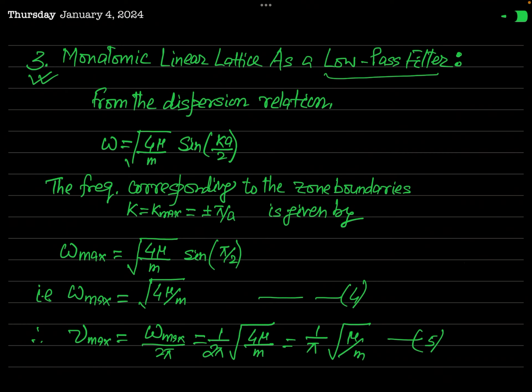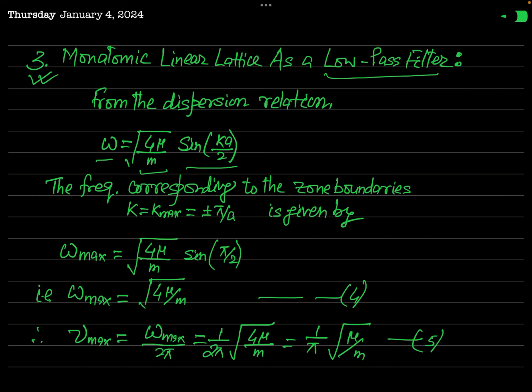We will see here in this case too that all the frequencies of vibration are not possible, and waves with any value of frequency cannot propagate through this lattice. There is an upper limit, and that can be found by starting from the equation called the dispersion relation. According to the dispersion relation, omega is equal to the square root of 4 mu over m times sine ka by 2.